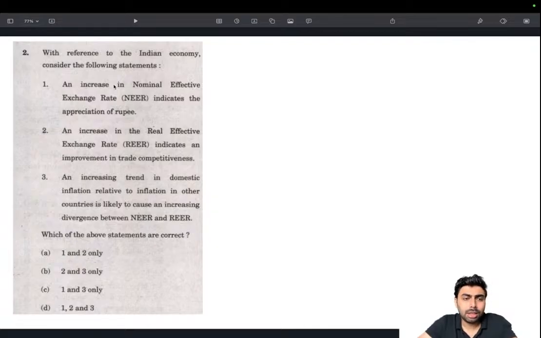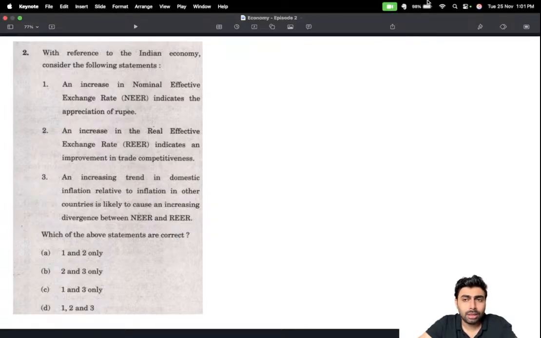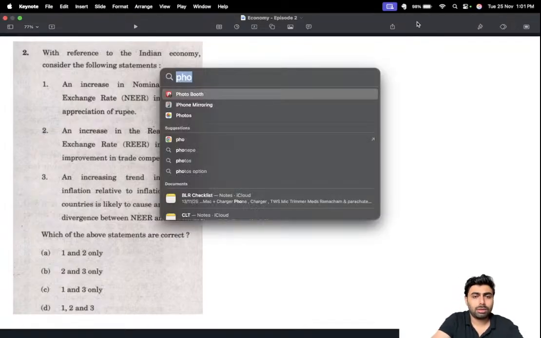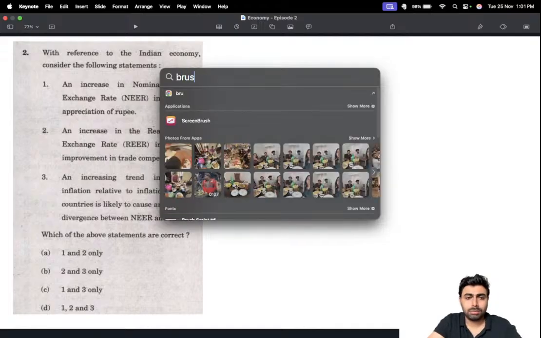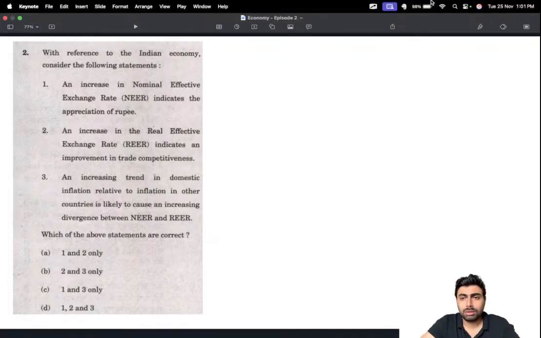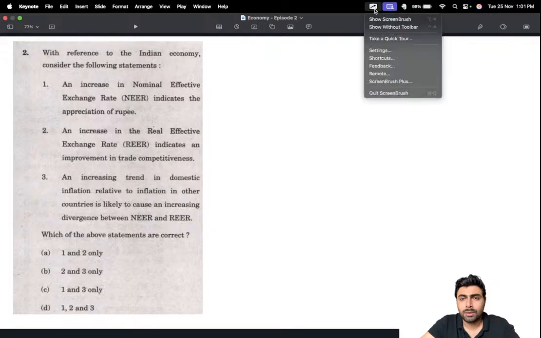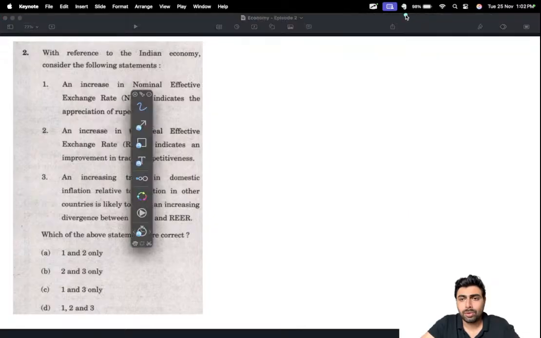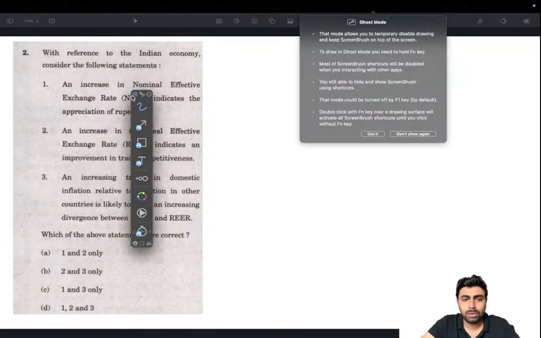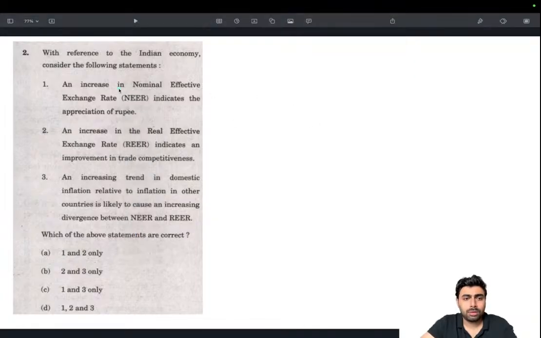The question is: consider the following statements. An increase in nominal effective exchange rate indicates appreciation of rupee. So what does that mean?